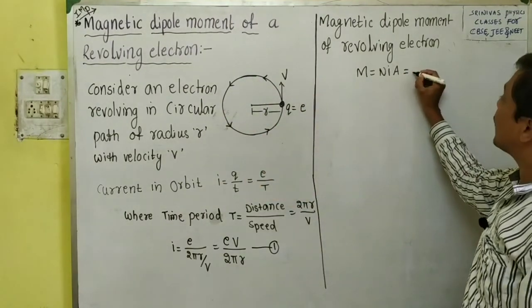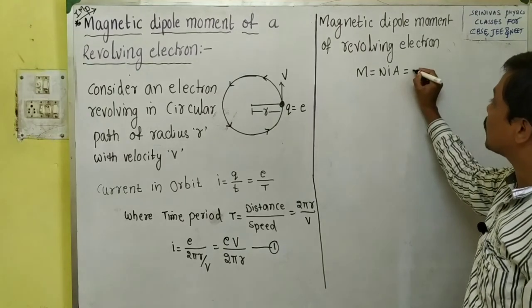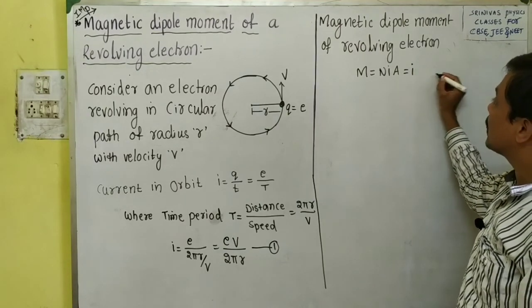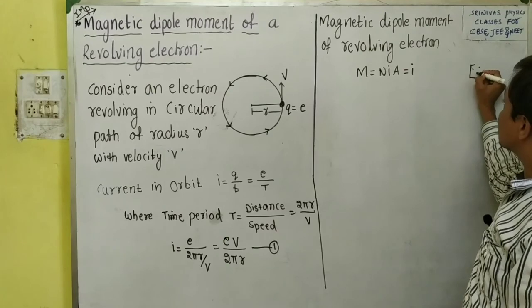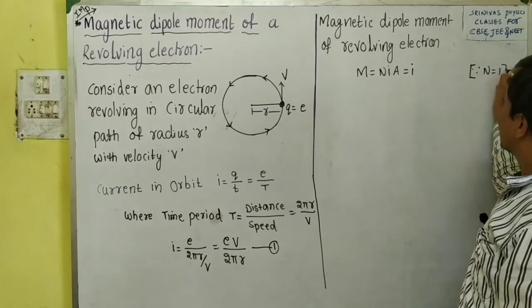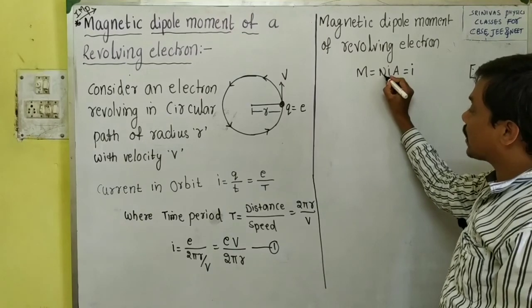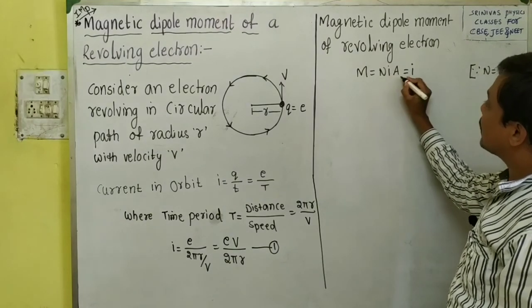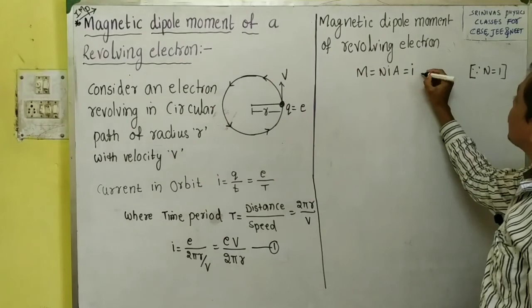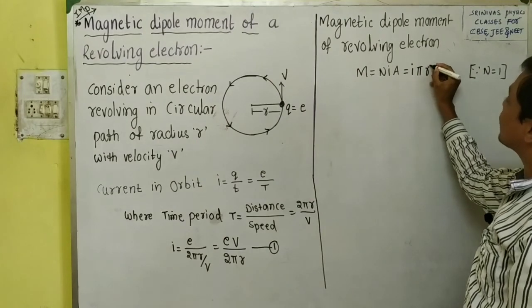That's why we take N as 1. One orbit, one turn, and the current is I. The area of this orbit is pi r square.